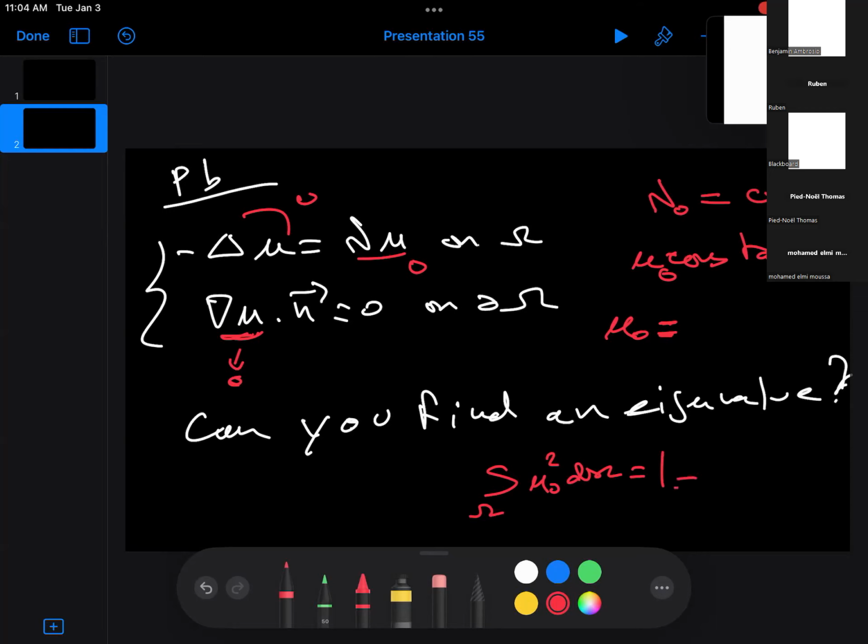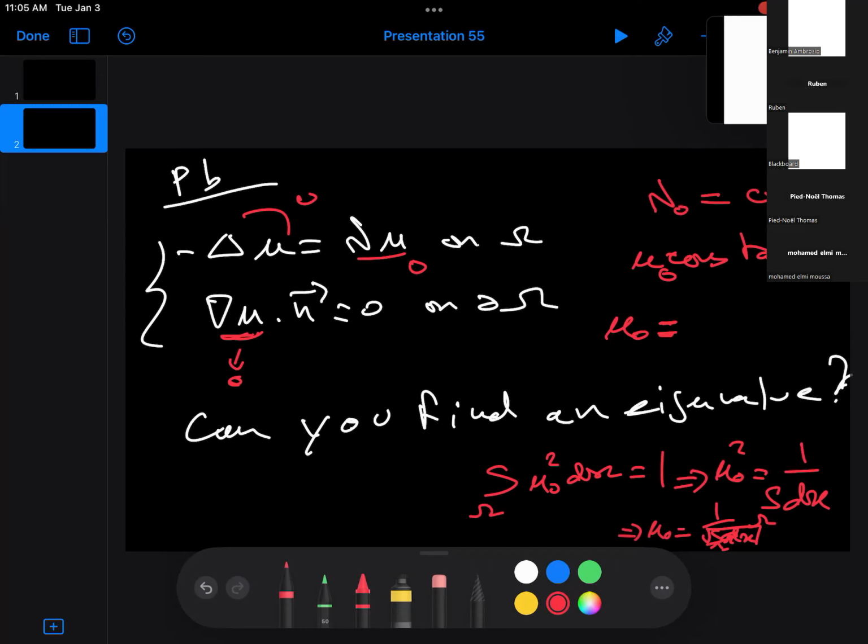So this gives me that u0 square equals 1 divided by the integral over omega, and I take u0 to be the square root of that. Okay, so just to have that the integral of u0 square is 1. All right. Okay, so I found one eigenvalue.